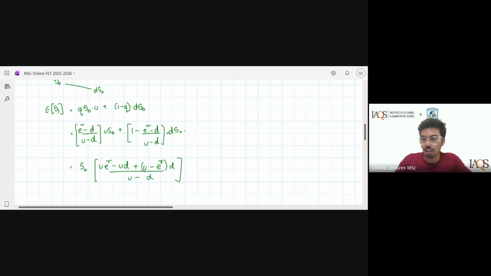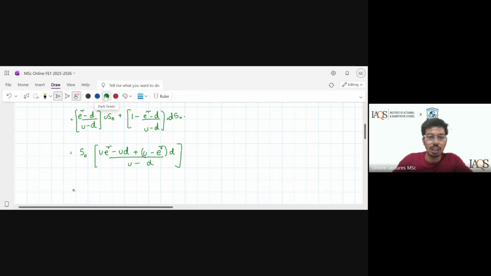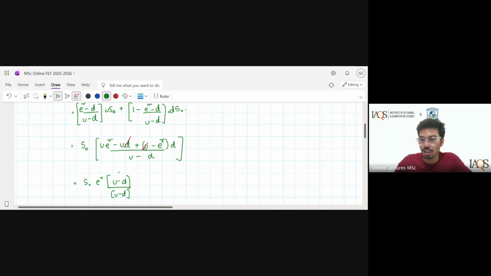Cool. Understood till here? Fair. Now, minus UD plus UD will get cancelled out. What am I left with? S0, and if I take e raised to R common out, U minus D upon U minus D. Do you all want me to solve this step by step?